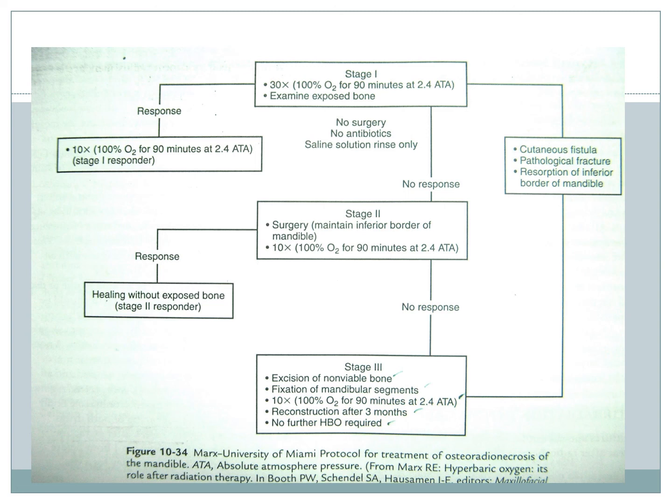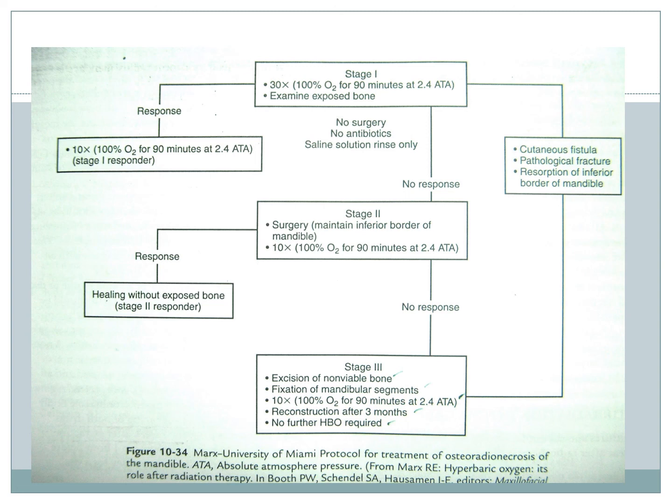Suppose that initially, in stage 1, there is a cutaneous fistula, pathological fracture, or resorption of the mandible. Then don't go for stage 2 treatment; go directly to stage 3.